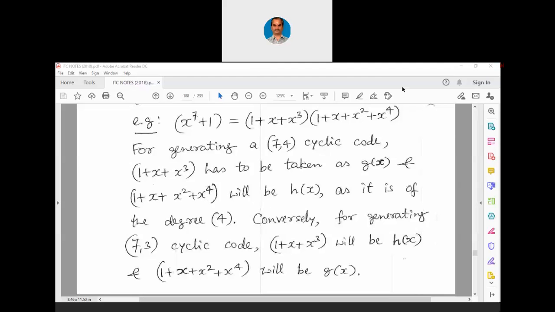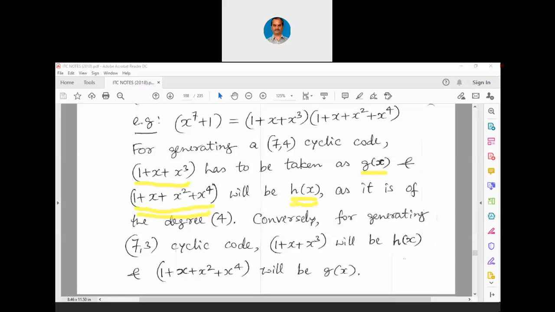Which means what? Which means at the transmitter for generation this can be used, 1 plus x cubed, which is g of x. Now at the receiver 1 plus x squared plus x power 4 can be used as h of x here. Now just like we had a parity check matrix earlier, we can have a parity check polynomial at the receiver. Now you can see that both of them are factors of x power n plus 1.